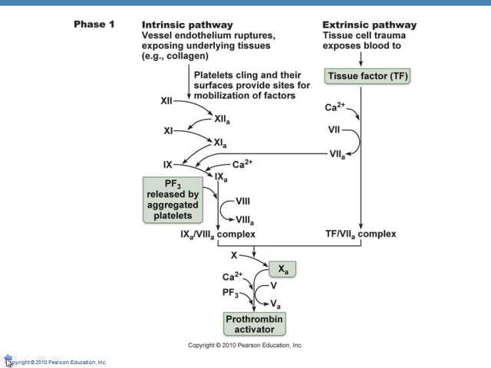Now, some very important substances in this reaction, calcium. All of the clotting factors, and if you want to know what they are, there's a table, 17.3, on page 651. There is how many of them? 13 different clotting factors, all important for blood clotting.